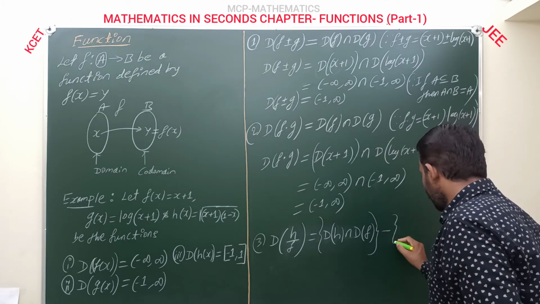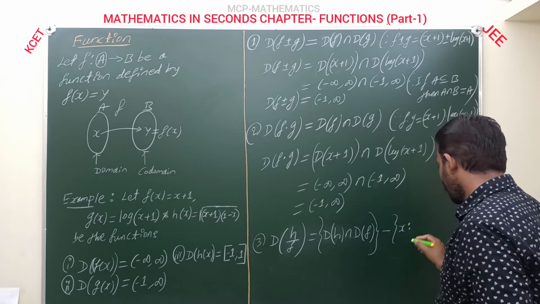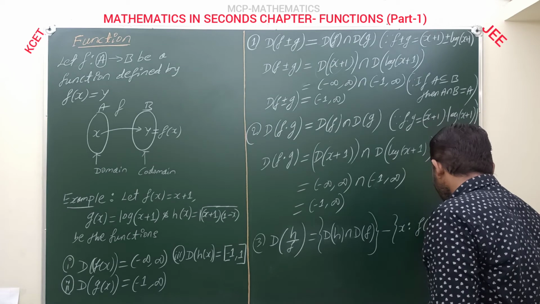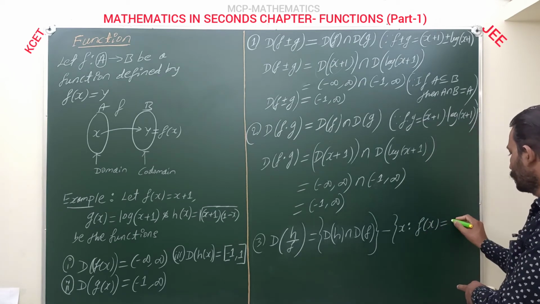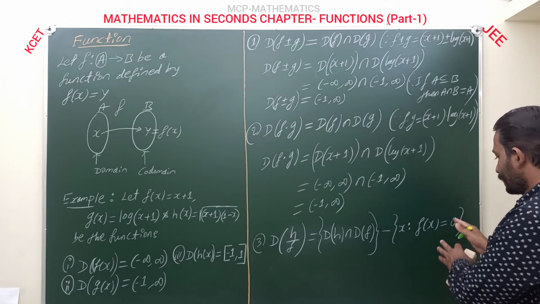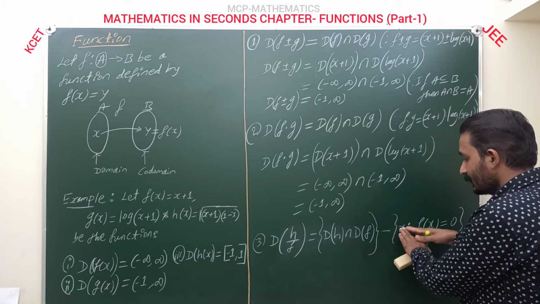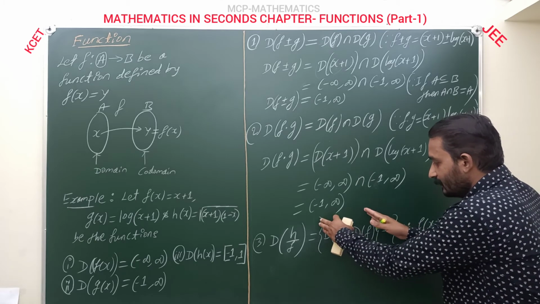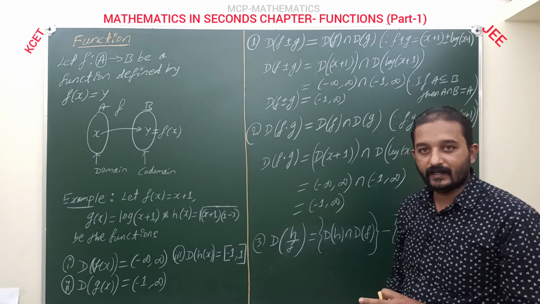So we have to find out the x values, where x belongs to the real numbers, such that f of x is equal to 0. These x points are subtracted from this set, and we get the domain of h by f.